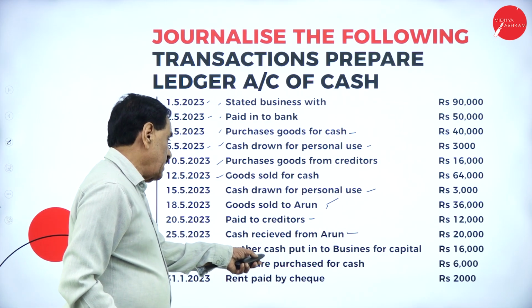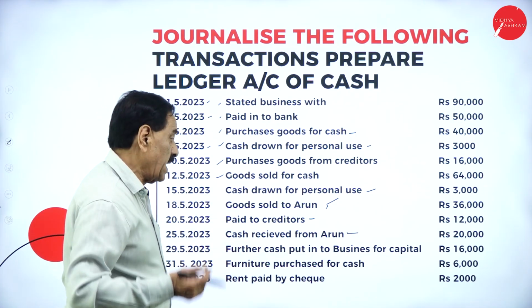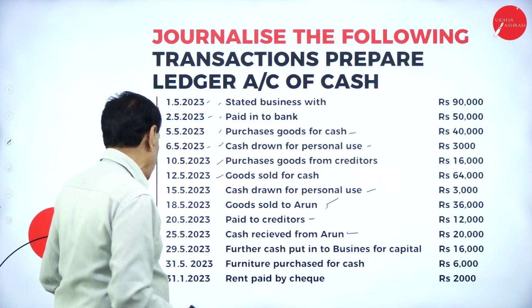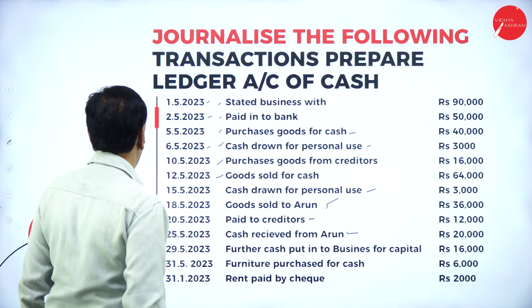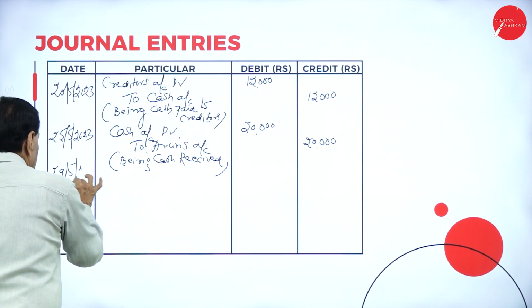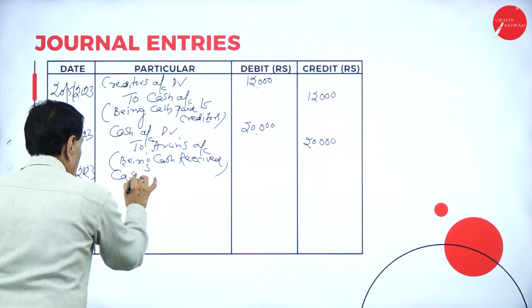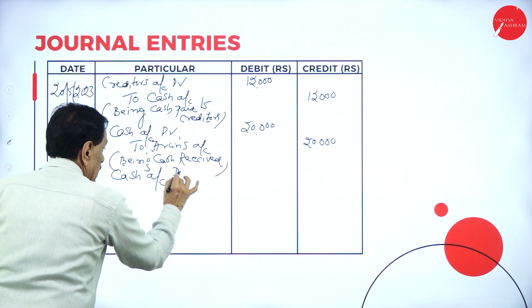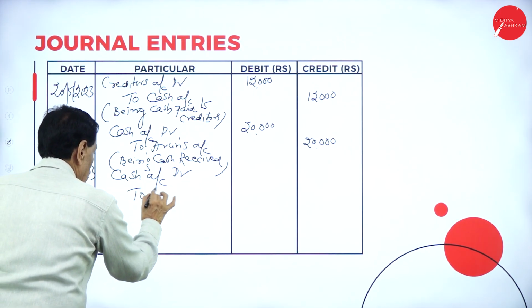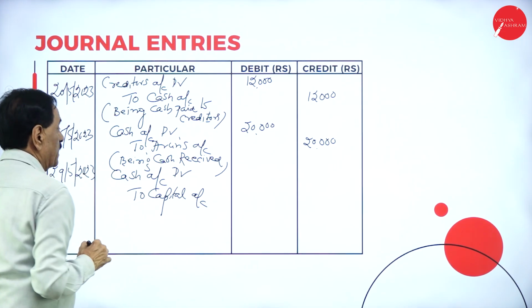29th, further cash put into business as capital, 16,000. Further capital. How much money is coming in? 16,000. On which date? 29th. Cash account debit to capital account. This is further capital.